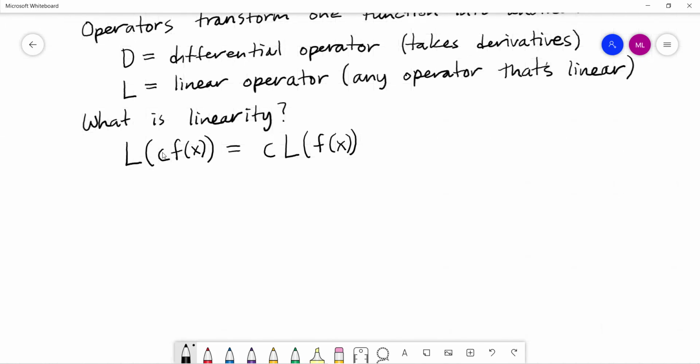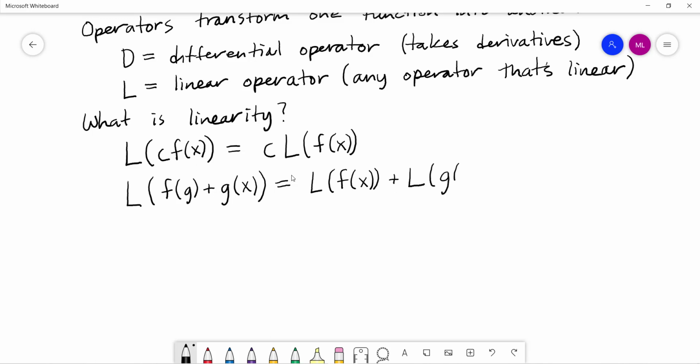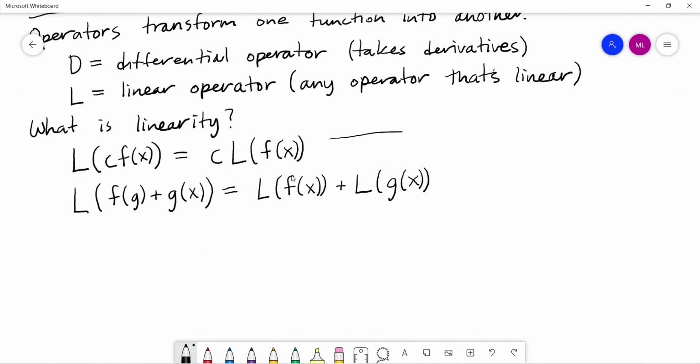The second one is that when you have a linear operator applied to a sum of two different functions, that's the same as the sum of the linear operator applied to each of those two functions individually. Okay, so these are the two properties. These two properties are required. If something satisfies these two properties, it is linear.